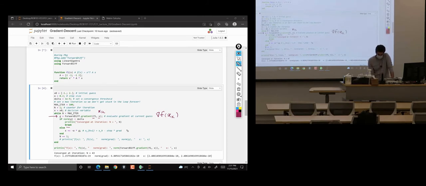This is basically xk plus 1 equals xk plus delta x. But delta x is negative of alpha times the gradient of f. And this is g. So it's going to be x equals x minus alpha times g. Then I count 1 for the iteration, and this continues until convergence or hitting the maximum number of iterations.